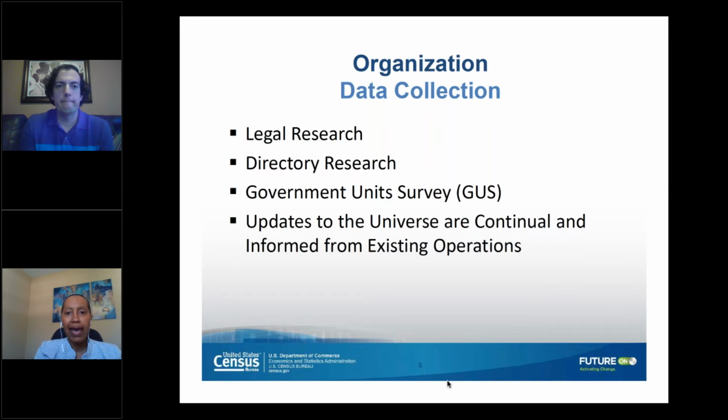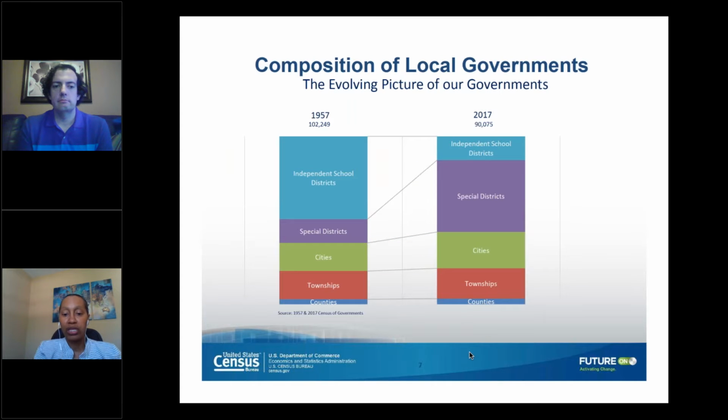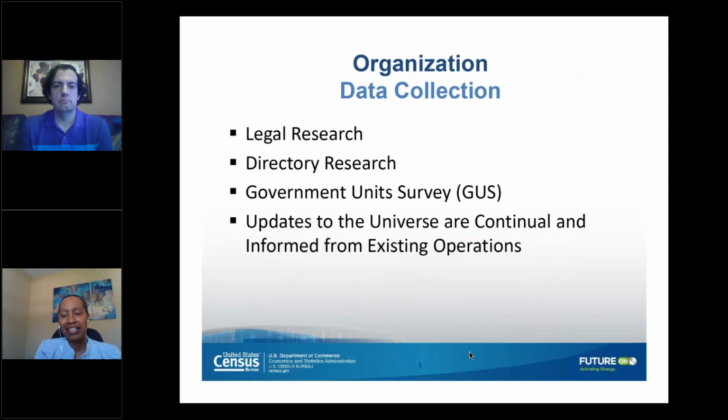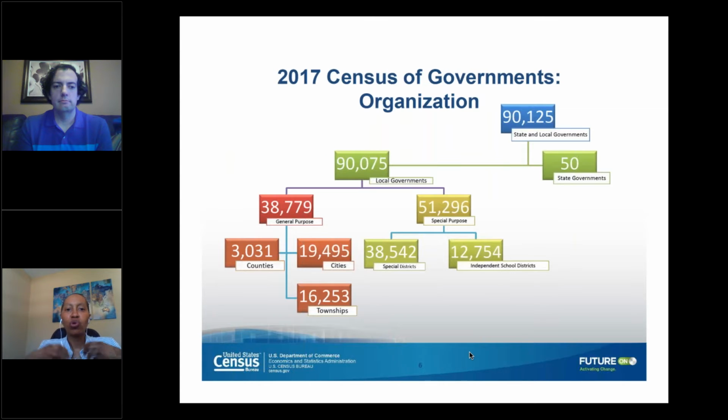So as we're looking at what data we have, and looking at the Government Unit Survey and the information we got from the Census of Governments in 2017, the counts were relatively consistent between 2012 and 2017.